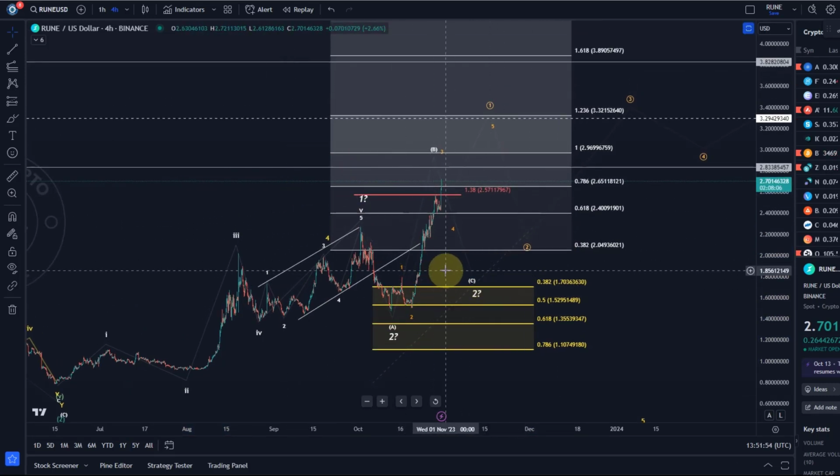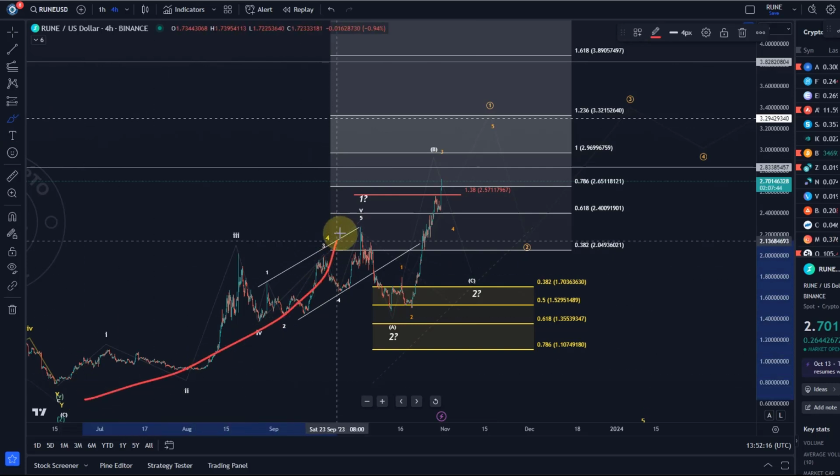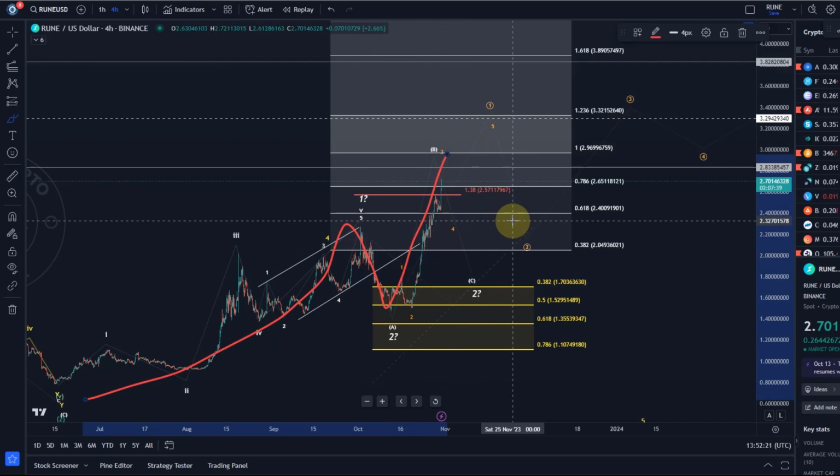What we don't want is that we extend above the 78.6 extension without having seen a 1-2 setup. That creates a problem because that means it could be that this is simply forming an A, B, C structure, especially if it reaches $2.97, which is the 1-to-1 ratio, the 100% extension.